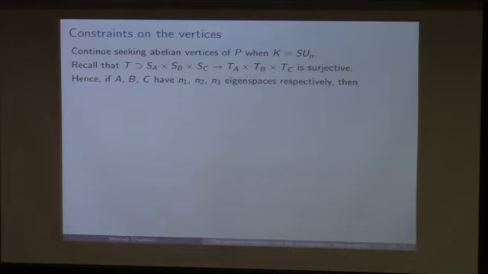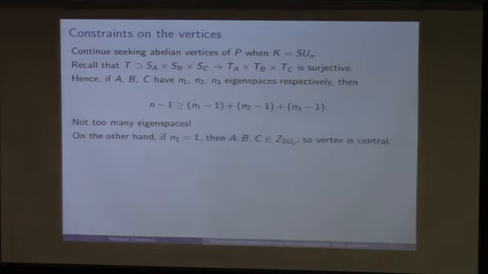So if A, B, and C have n1, n2, and n3 eigenspaces respectively, then the dimension of T is, for SUN, n minus 1, the rank of SUN. The dimension of this is the thing on the right, so I can't have too many eigenspaces in my 3 matrices. The sums of the number of eigenspaces cannot exceed the whole dimension, in this sense.